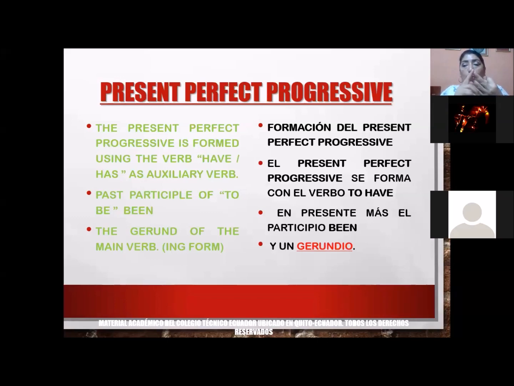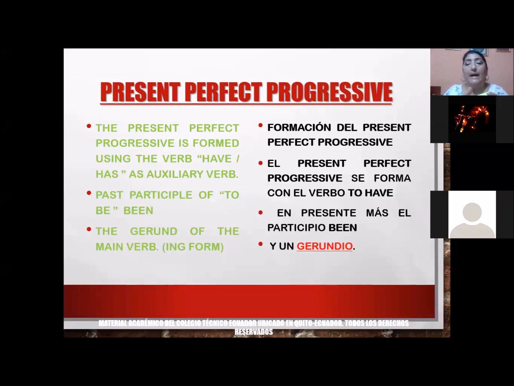It's very important in the progressive sentences to have the to be verb. For example, in present progressive sentences, we need are, is. Look, these are the forms in present.